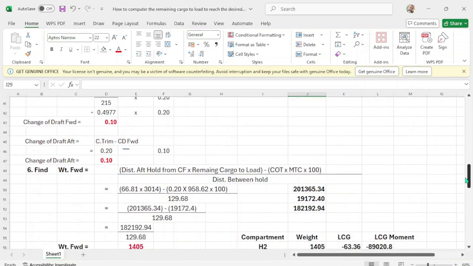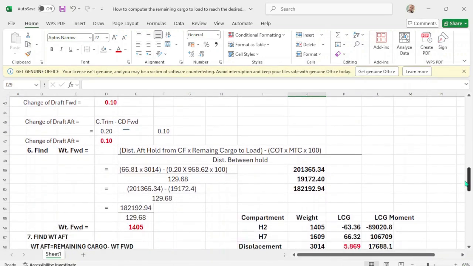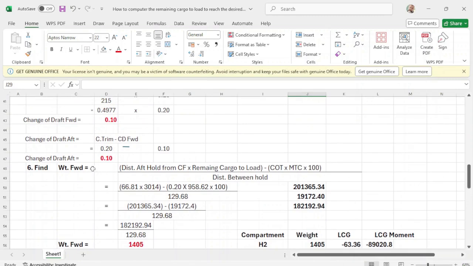This is number 6: find the weight forward. The formula is the distance from hold number 2 to the center of rotation, times your remaining cargo to load, minus change of trim times MTC times 100, over the distance between holds.